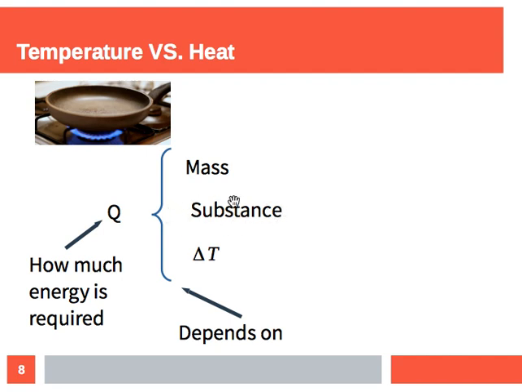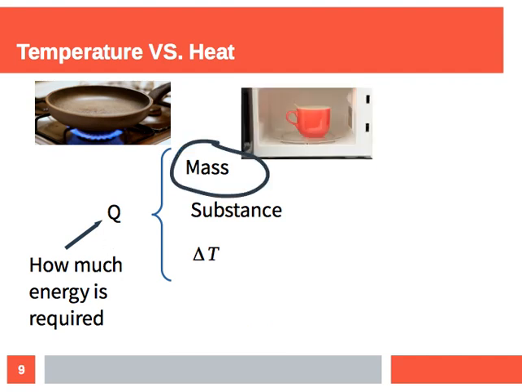I want to tell you what that property is. And we also need to know how much temperature change you want to get in order to use a given amount of energy. So the idea that I want to convey right now is that the amount of mass is going to tell you how much energy you require.